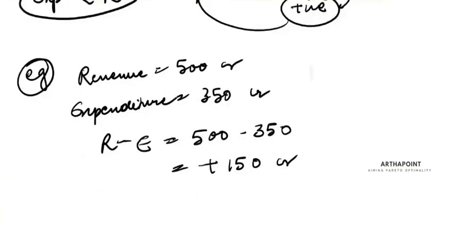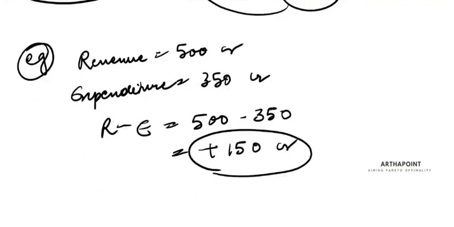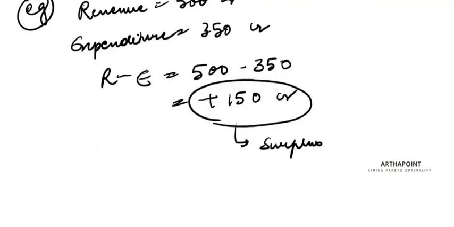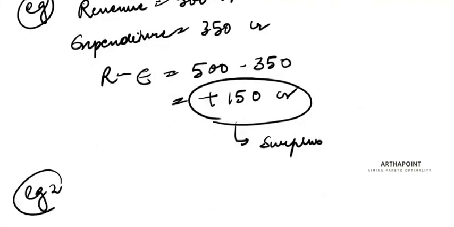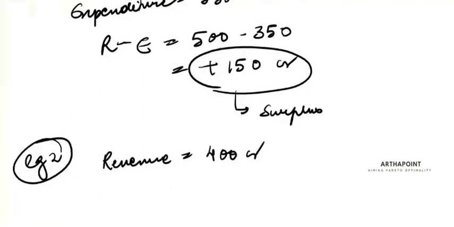So we can say that the government is in surplus. Now take another case. Supposedly the revenue of the government is 400 crore, and let's say that the expenditure of the government is 650 crores.